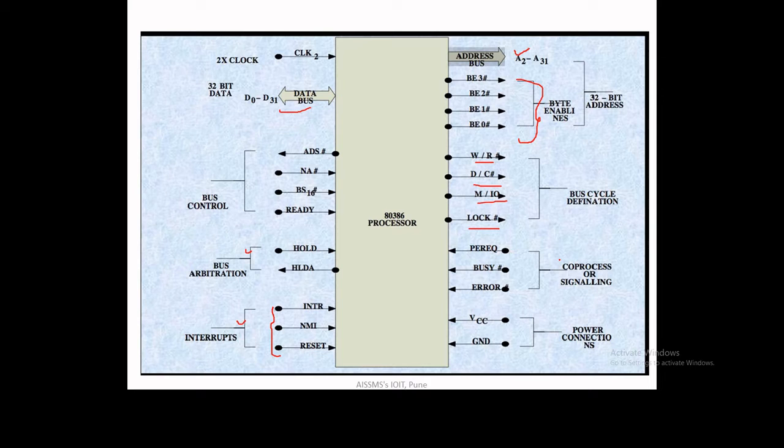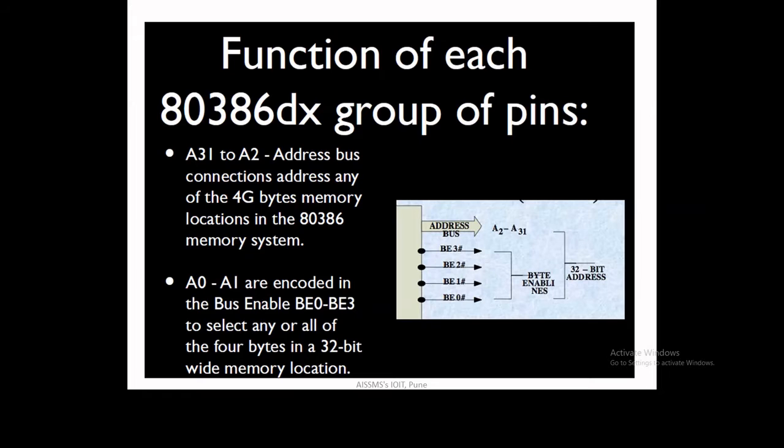When I use a coprocessor like the 80387, a math coprocessor, or 80287, the 386 uses these pins: busy pin, error pin, and the request pin. Then for the power connections, VCC and ground pins are used, and there is the clock pin at the top. So we'll see each group one by one now.